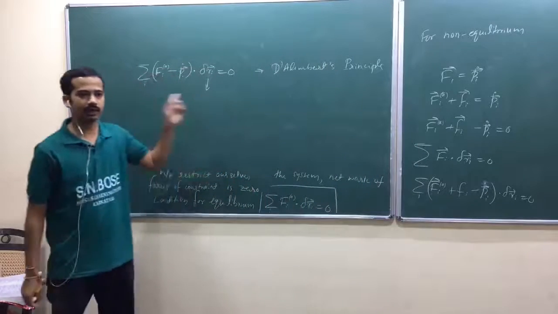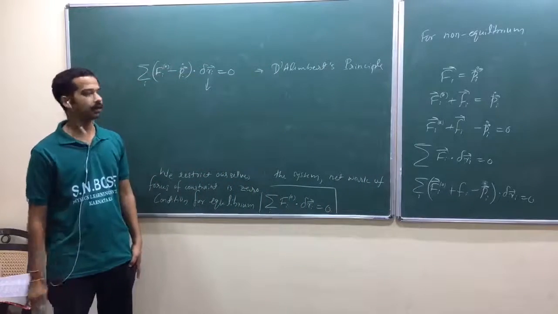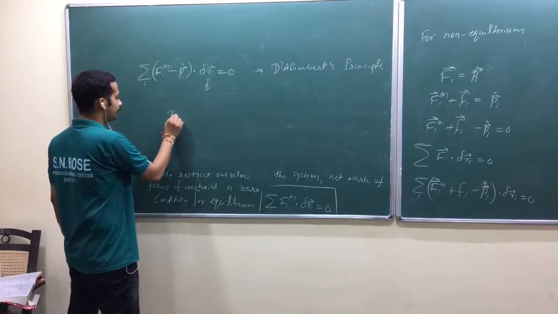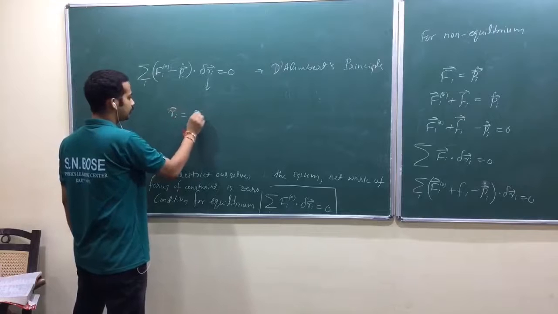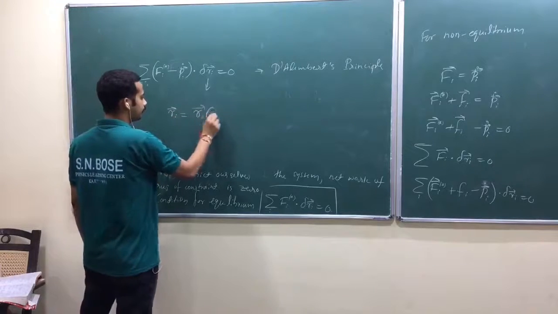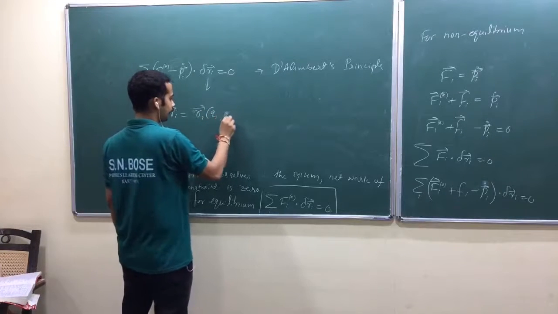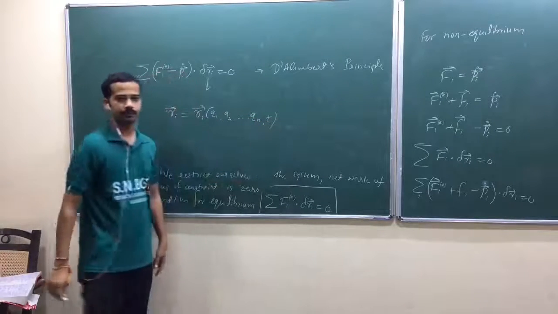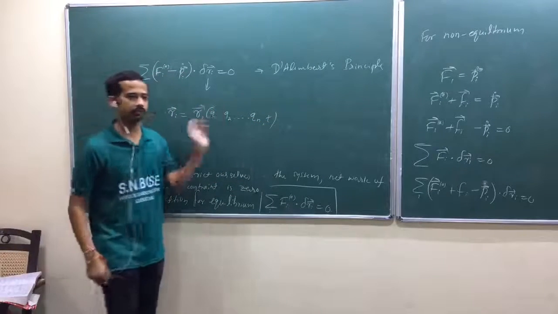Usually we start with our Cartesian coordinates, am I right? After applying the constraint, we transform them. So we say Ri is transformed to generalized coordinates Q1, Q2 and so on to Qn, sometimes with T. This is a transformation equation.